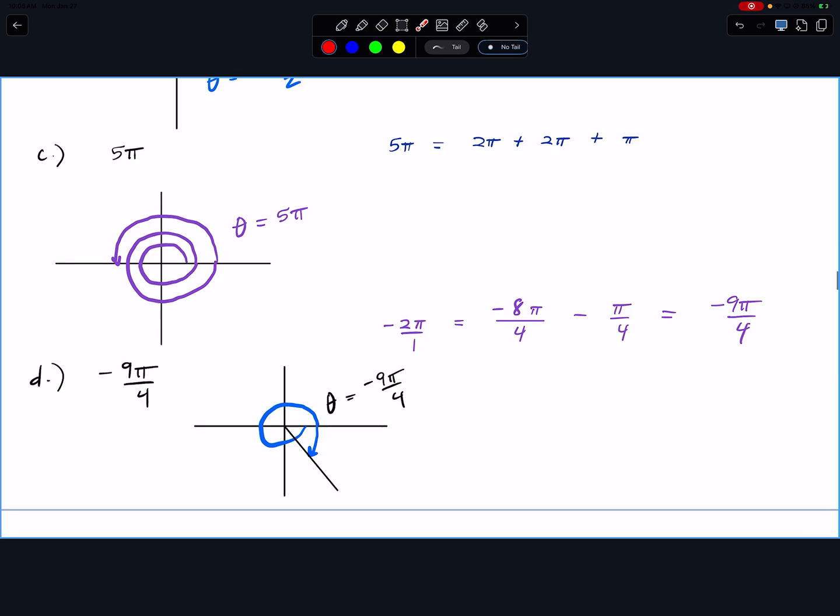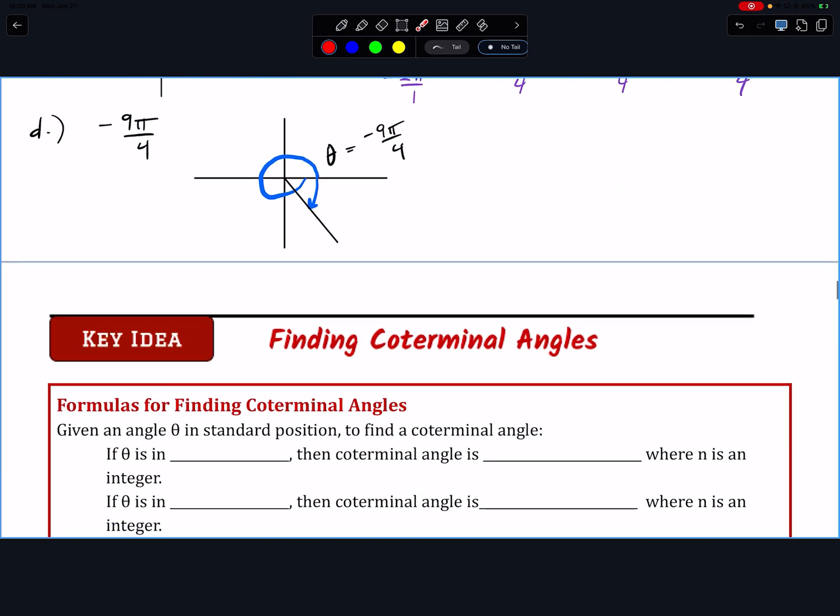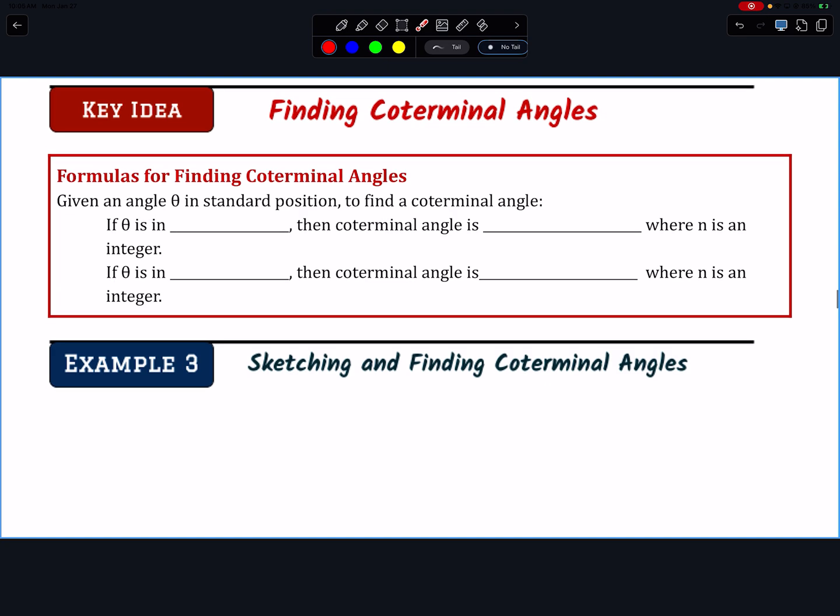All right. So, the next idea is what is called a coterminal angle. Coterminal angles, this was a definition on Friday we talked about.